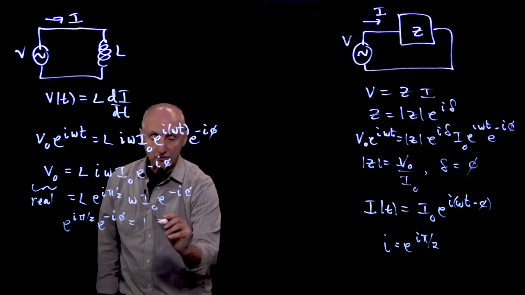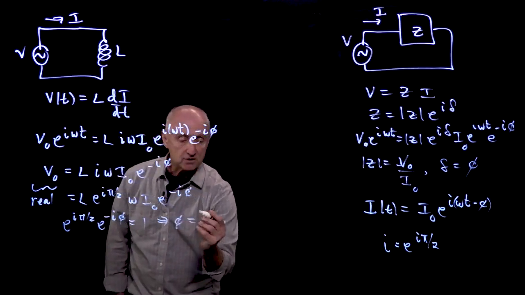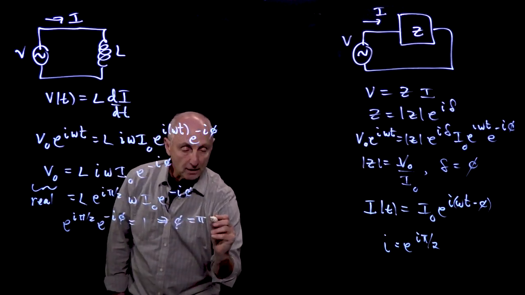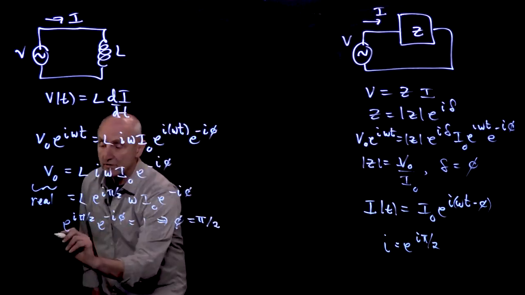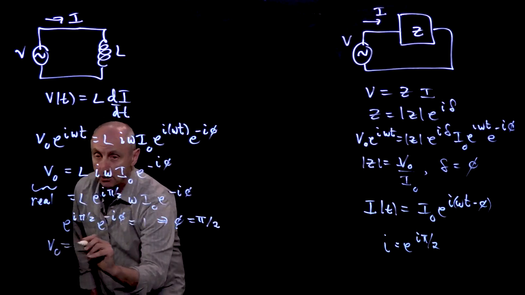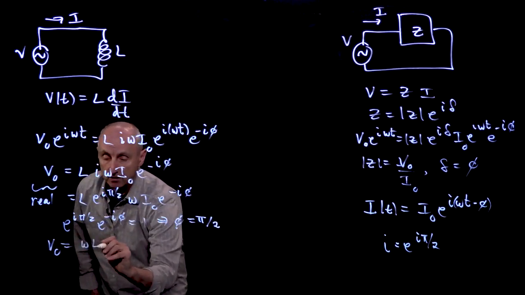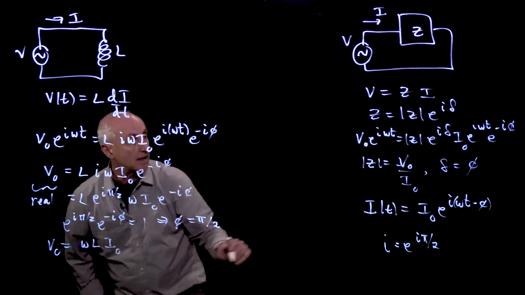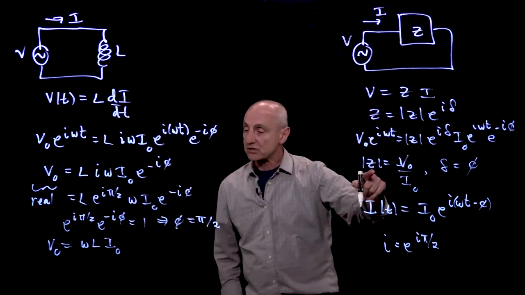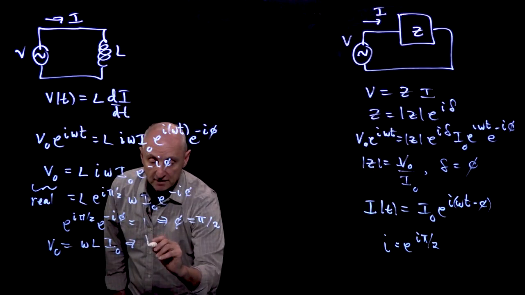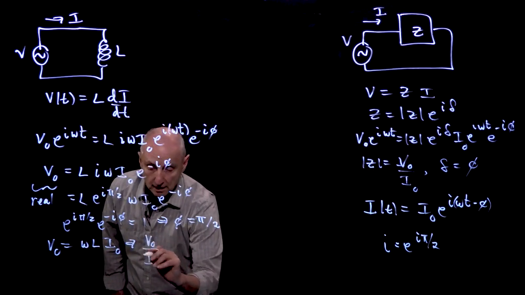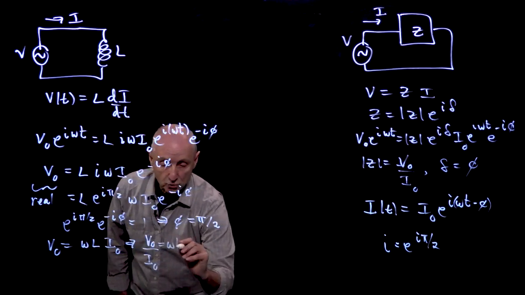And that tells us that phi is equal to pi divided by 2. So then we have V naught equals omega L times I naught. And to get the modulus, this is telling us that V naught over I naught is equal to omega L.